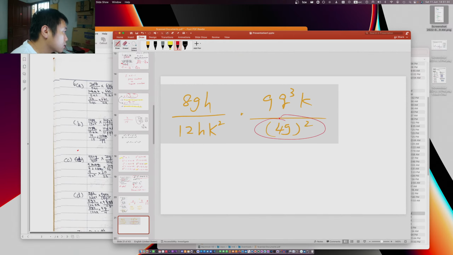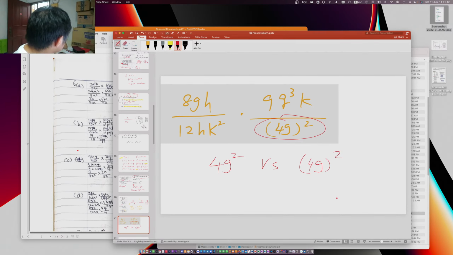Let's focus on this one: 4g square versus bracket 4g square. I hope you see the difference. The main difference is over here there is a bracket and then a square. Over here there is no bracket. So this square goes to the g only. But for this square, because there is a bracket, it goes to the 4 and the g. So in a way, you need to open the bracket for this.